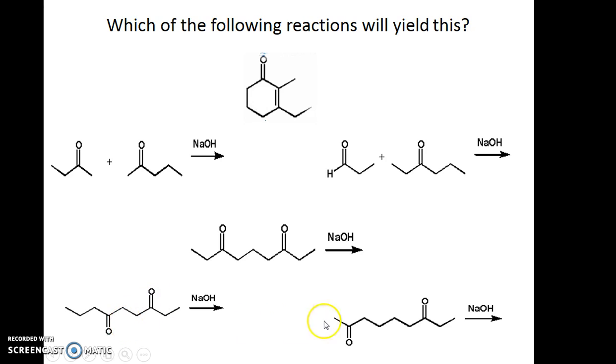These are 1,4 diones. These are 1,6 diones. This one's a 1,5 dione, and this is the 3,7 dione that I had said, by cutting and trying to figure out, you would have to have. So this is the correct reagent that you need to get that product.